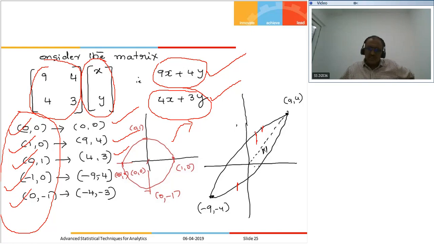My intention is just to show that this is a circle, and with the help of transformation, I am scaling this too. Suppose I take a vector 2 comma 1 kind of thing, then it is scaled to this. So what we require is the eigenvalue, that is how many times you are scaling it, and in the direction of which vector.